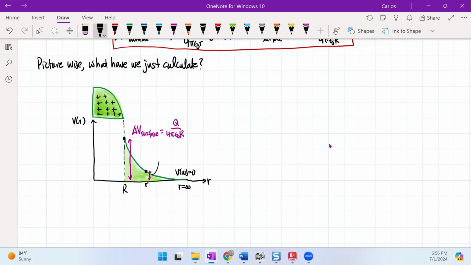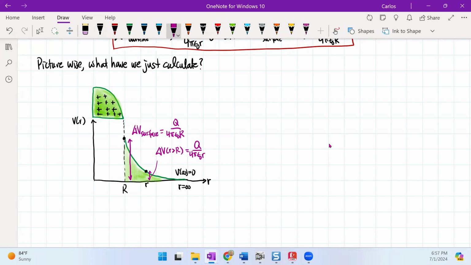So this guy is then going to be some function of r that's going to be Q over 4 pi epsilon little r. So since little r is larger, it's going to have a smaller potential. But as I get to the surface, I would expect that the surface value will be larger.